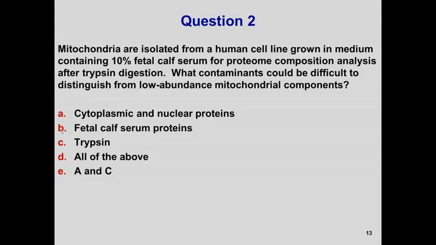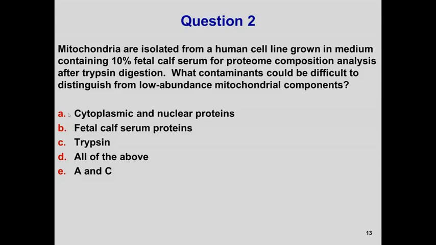So this is a good answer. What about fetal calf serum? Fetal calf serum, while some peptides may be identical to human serum proteins or other human proteins in the database, there are going to be sequence differences, so I can really distinguish these.